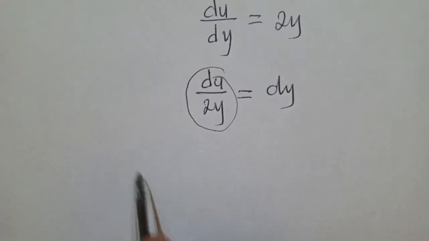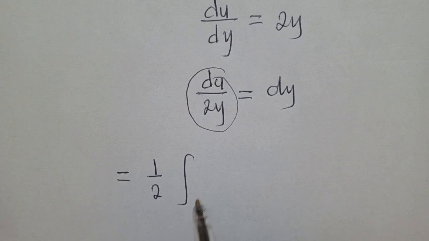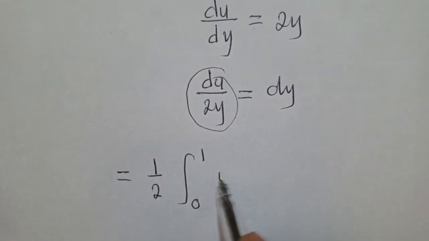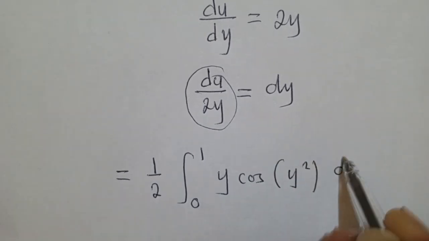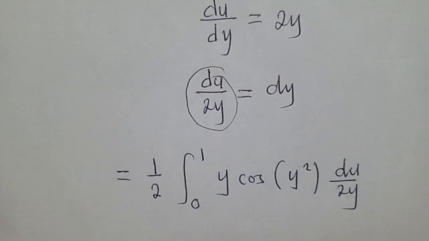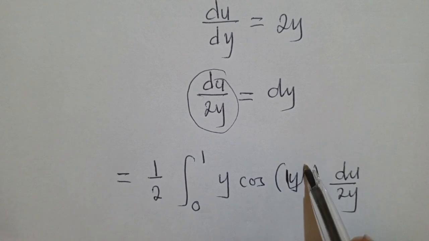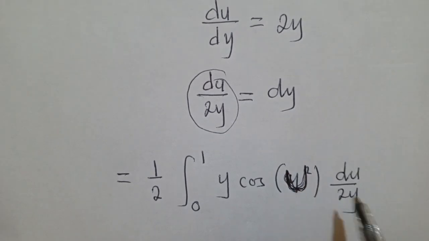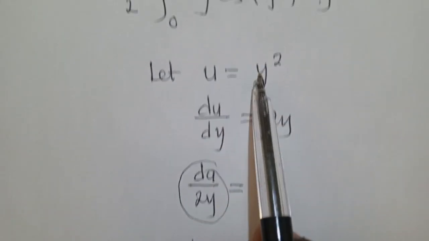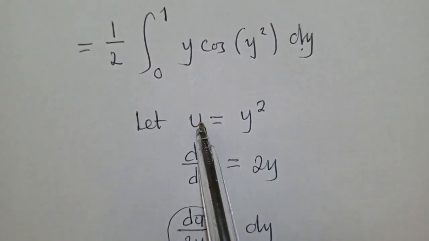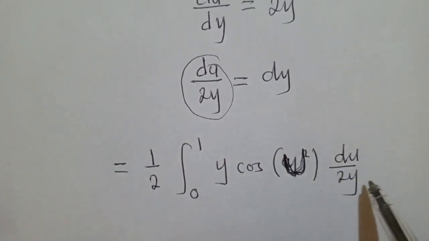We have 1 over 2 integral with the limits from 0 to 1 of y cos y squared times du over 2y. Actually here we are supposed to put a u, because we said let y squared be equal to u. So here we need to substitute u.